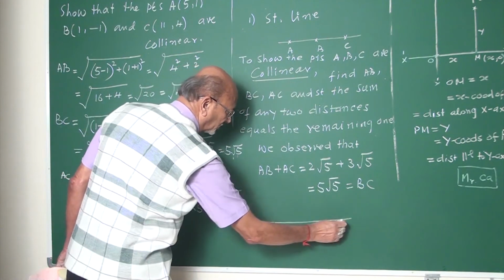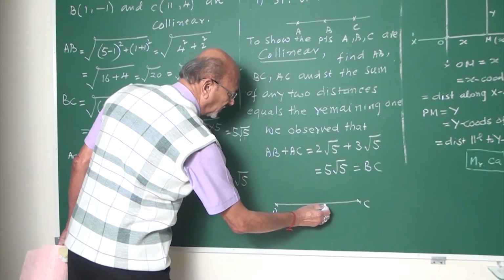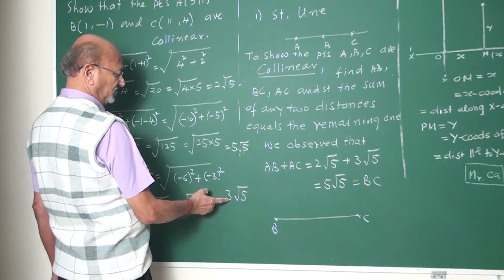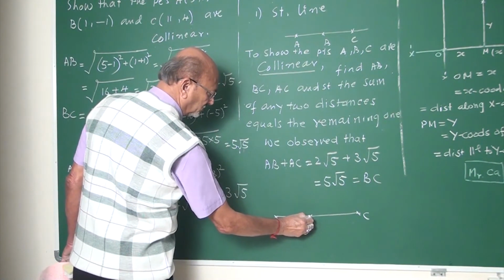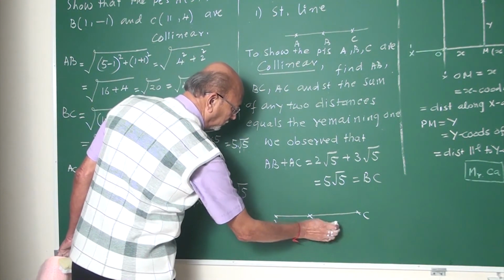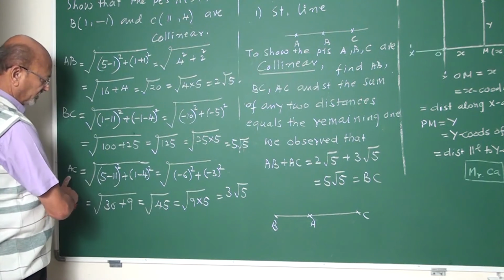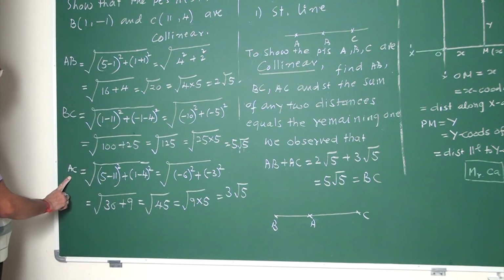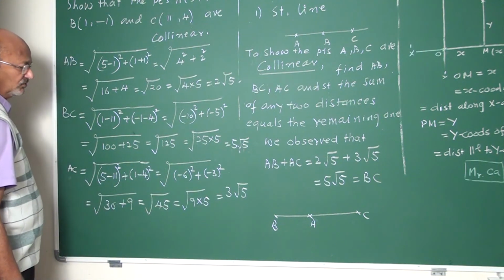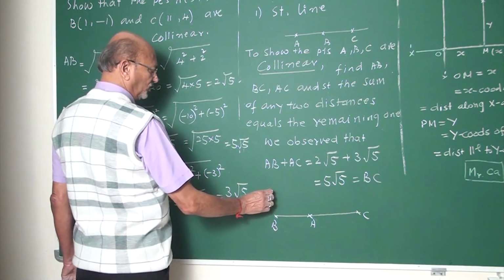If you want the figure, this is A, this is B, this is C. AB is smaller than AC. Therefore, AB plus AC is BC. Therefore, points A, B, C are collinear.